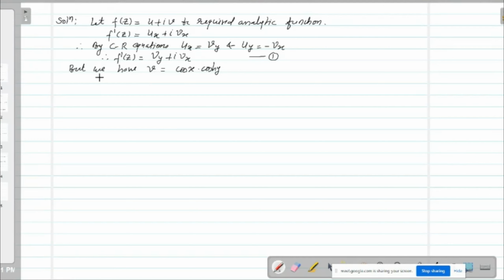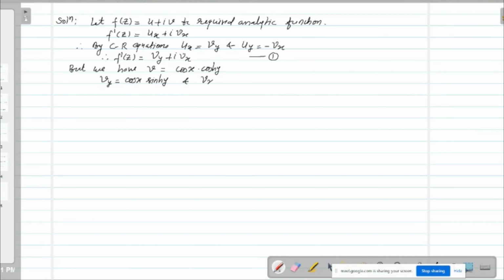We first find the partial derivative with respect to y. Here x is constant, so cos x as it is. The derivative of cos hyperbolic y will be sine hyperbolic y.